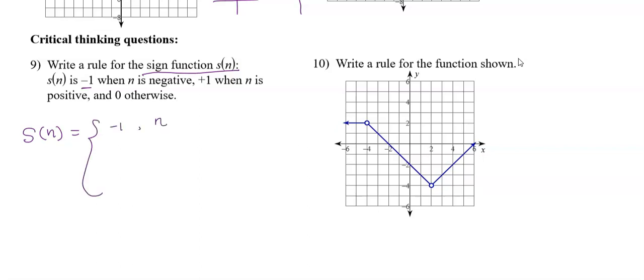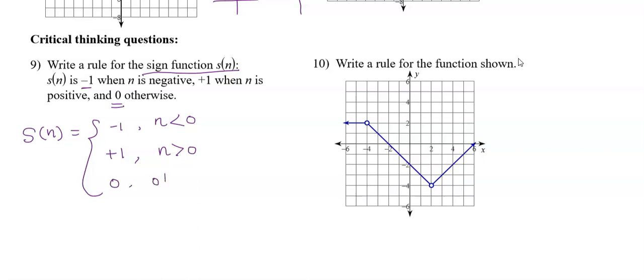And Sn value is positive 1 when n is positive. Positive means greater than 0, not equal to, only greater than 0. And Sn value is 0 otherwise.